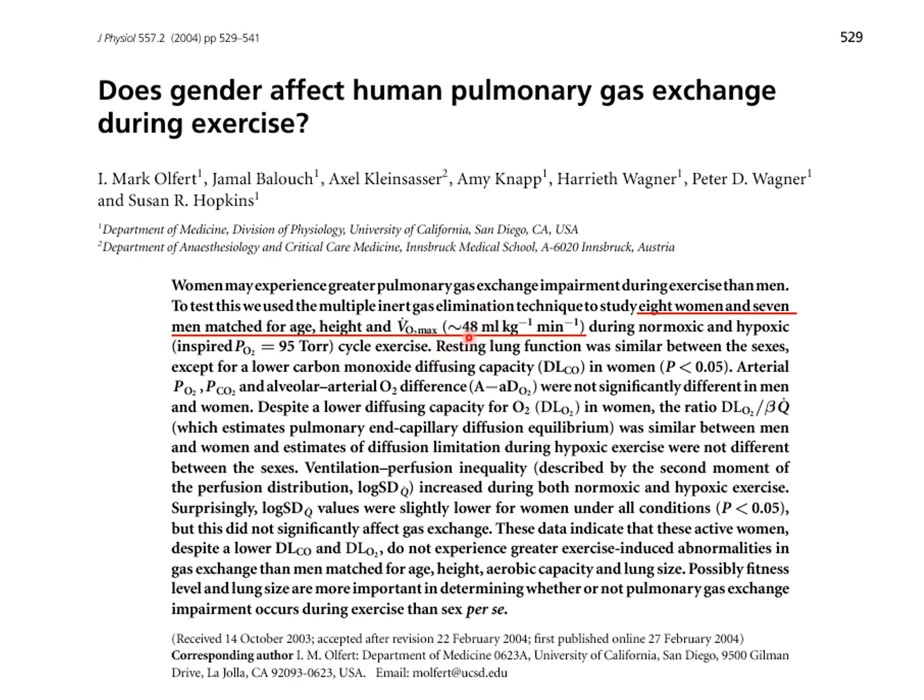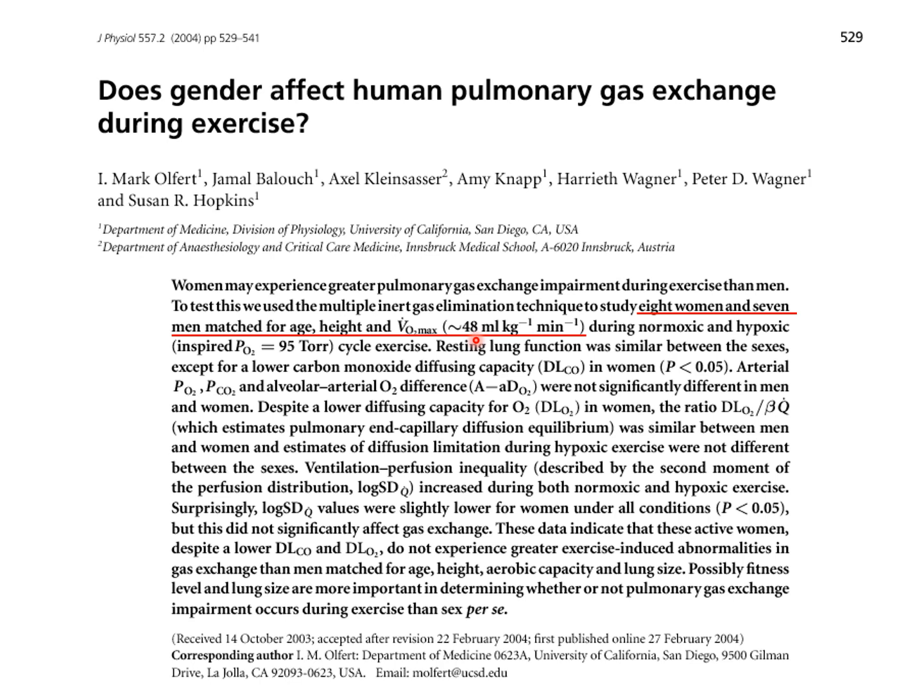Okay, so all participants, both males and females, had the same mean VO2 max of around 48 millilitres per kilogram per minute. Now, one thing it doesn't do here is present the standard deviation, so we don't know what that is. I would assume that because they were fitness matched, anybody who fell outside one standard deviation from the mean were probably eliminated from the study.